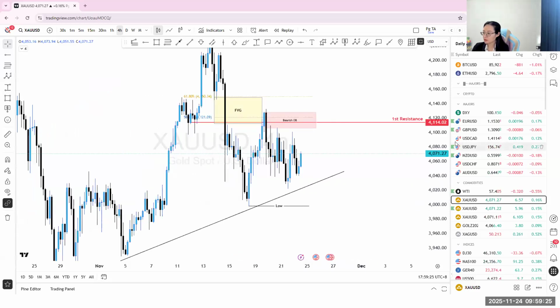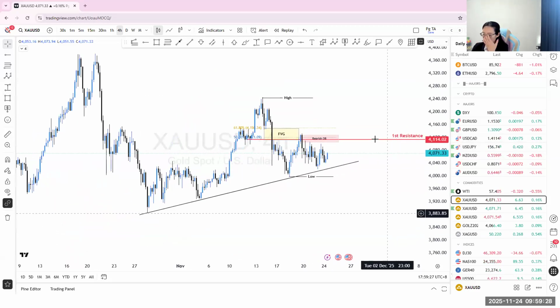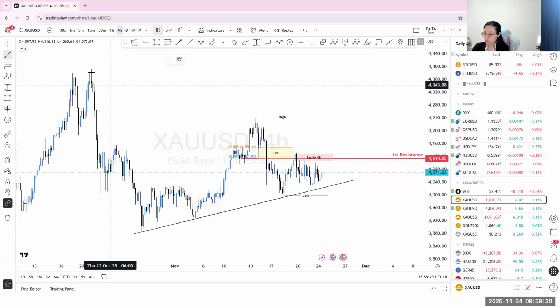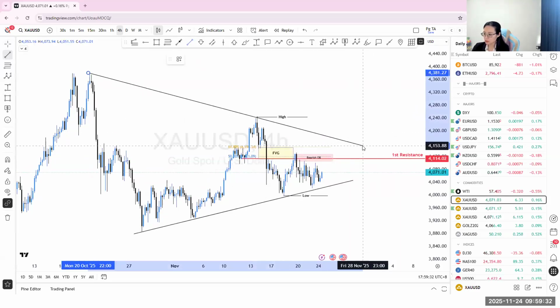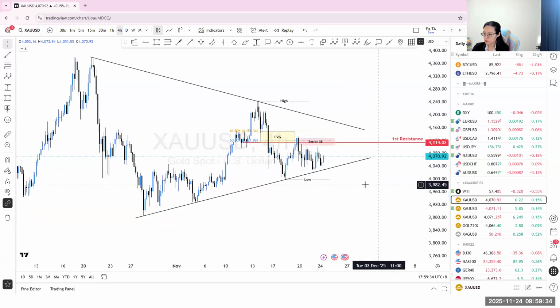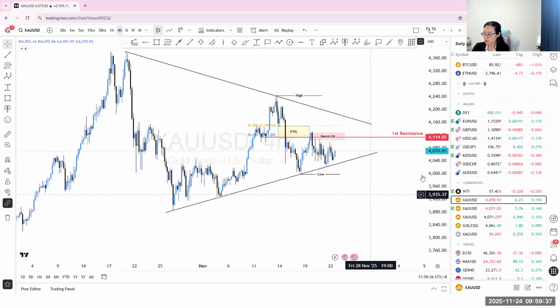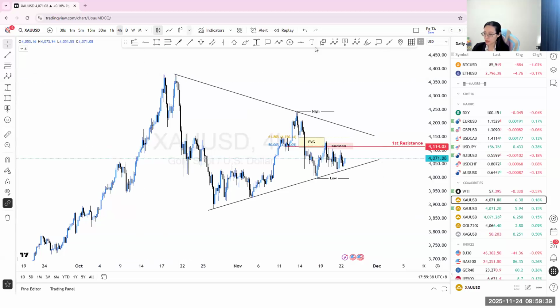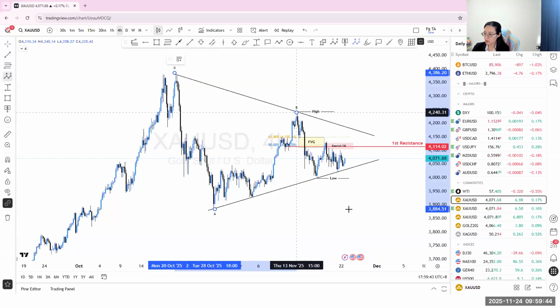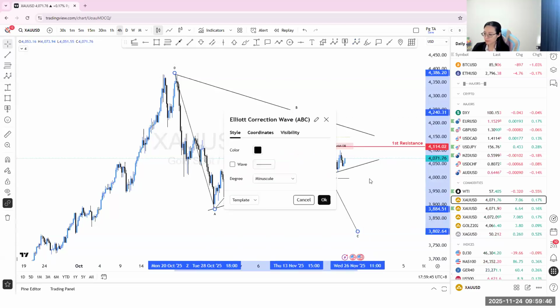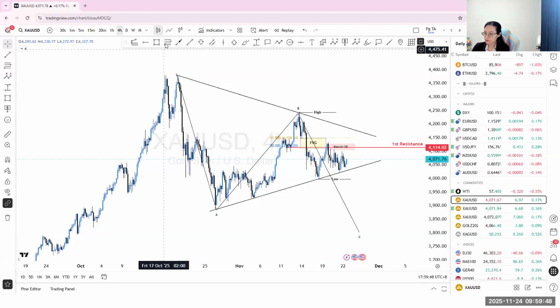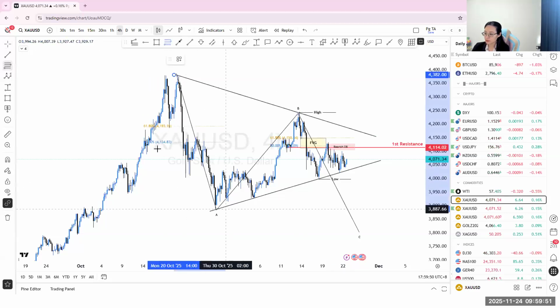Right now, gold is in a correction, and now it's in the triangle. Why do I say correction? When we made the all-time high, I'm looking for the A, B, and C. This level is about how many percent? 67.8, or not even, like 78.6.